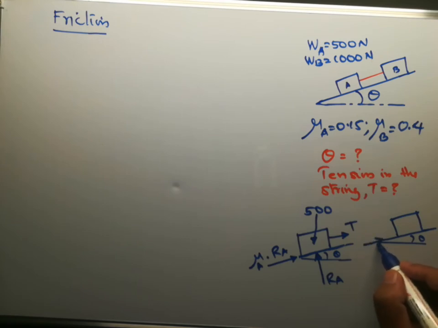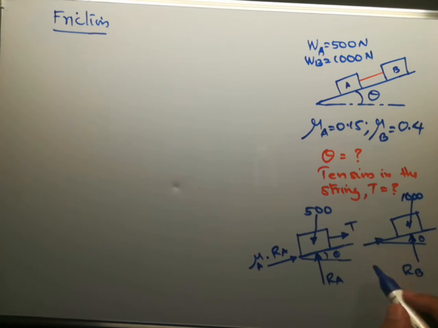Therefore, the frictional force will be in this direction, and this will be the reaction RB, and the weight will be acting vertically downwards like this, 1000 Newton, and this will be mu B into RB, and there will be tension T in this direction.